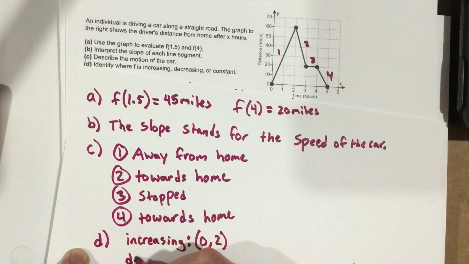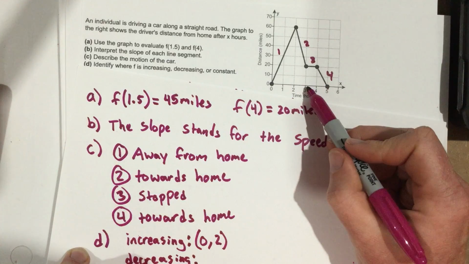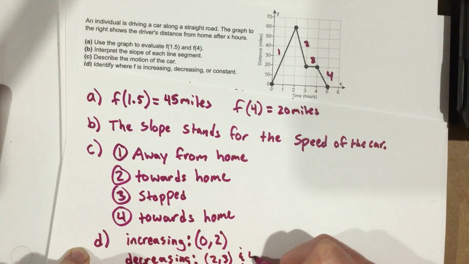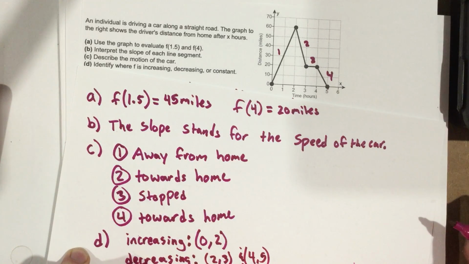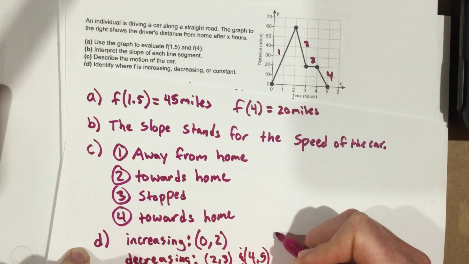I'm decreasing from 2 to 3 and 4 to 5. And finally, when am I constant?